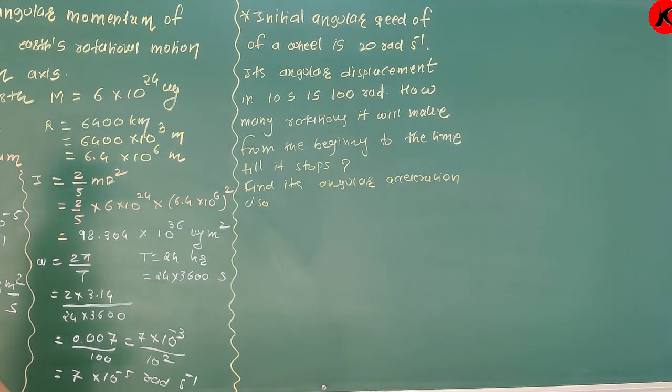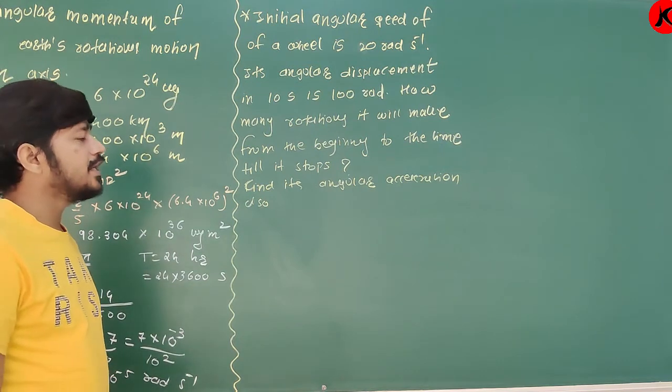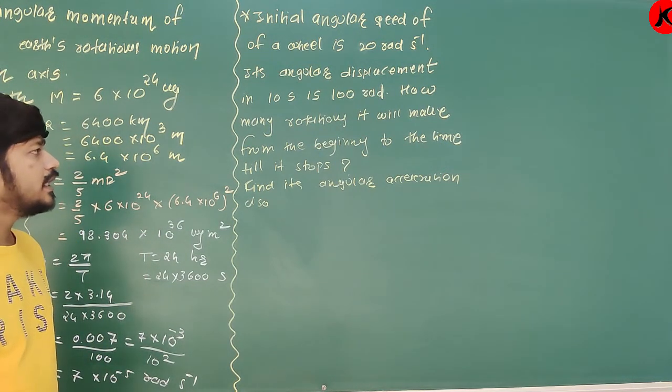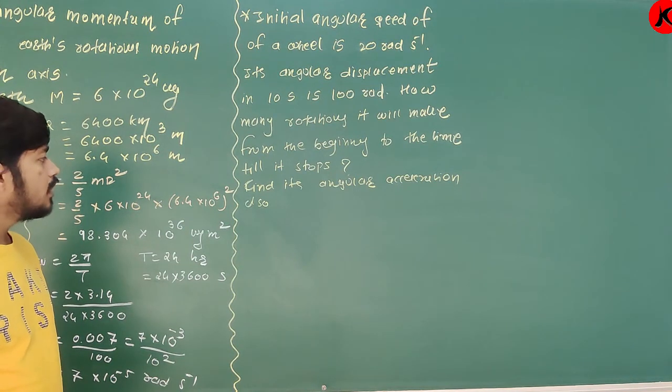Its angular displacement in 10 seconds is 100 radian. How many revolutions will it make from the beginning to the time till it stops? Find its angular acceleration also.